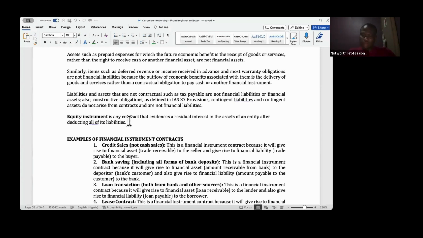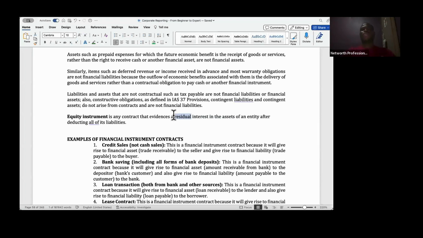We have seen this definition before when we looked at the conceptual framework. It is a residual interest, meaning whatever returns you are getting from this asset, these guys are residual. They are the ones you consider last. Majorly, those are ordinary shareholders, and that is equity.